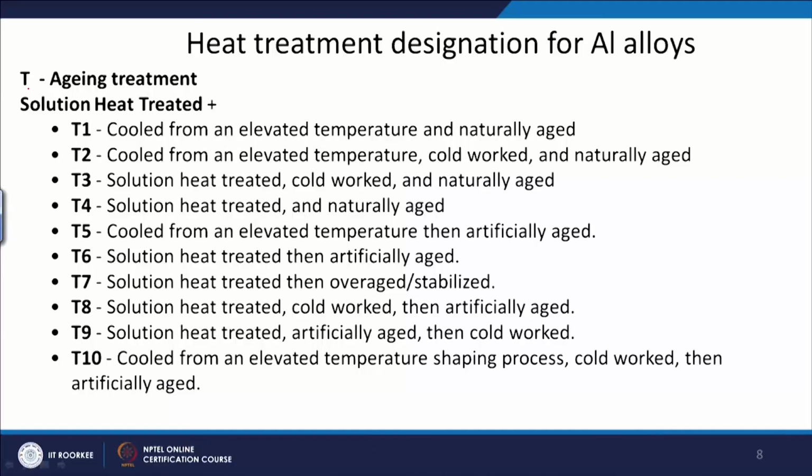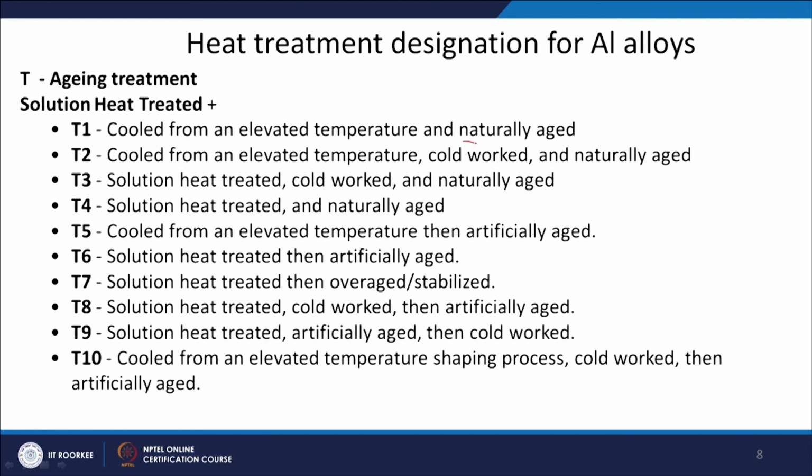So, after solution heat treatment, if I also want to do an aging treatment, I go to the market and say I do not want just solution heat treated, it should be aged also, and this is denoted by T. So, after solution heat treatment, if any aging treatment is done, it will be referred to by T, and T has a lot of subsections. T1 is cooled from an elevated temperature and naturally aged.